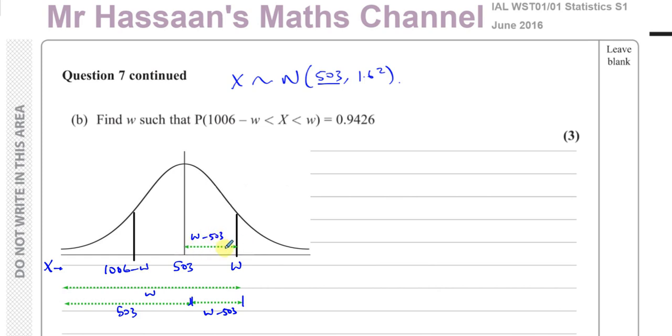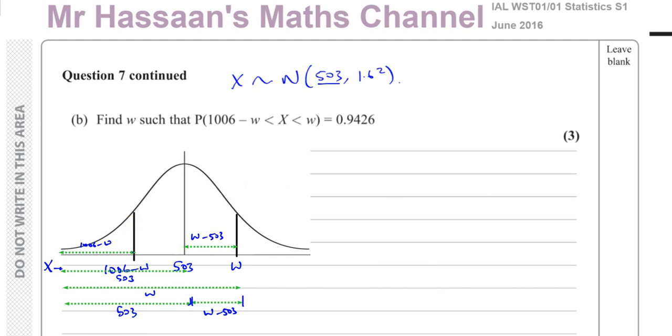Now, if I'm considering the distance between this point and that point, and I'm comparing it to the distance between this point and 503, from here to there is 503, and from here to there is 1006 minus W. That's that distance from there to there.